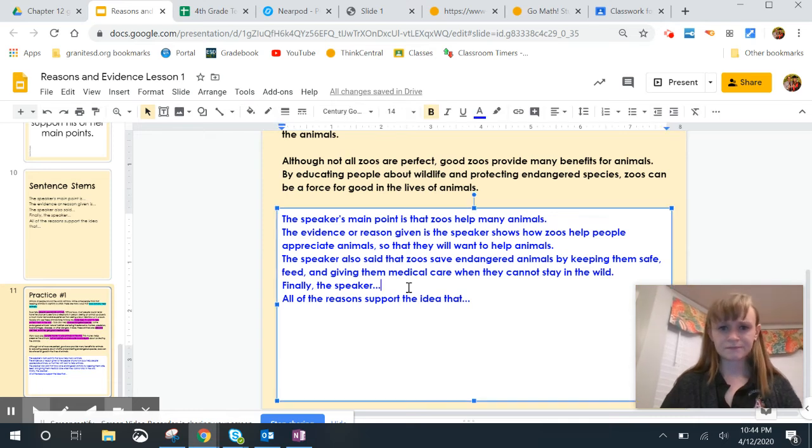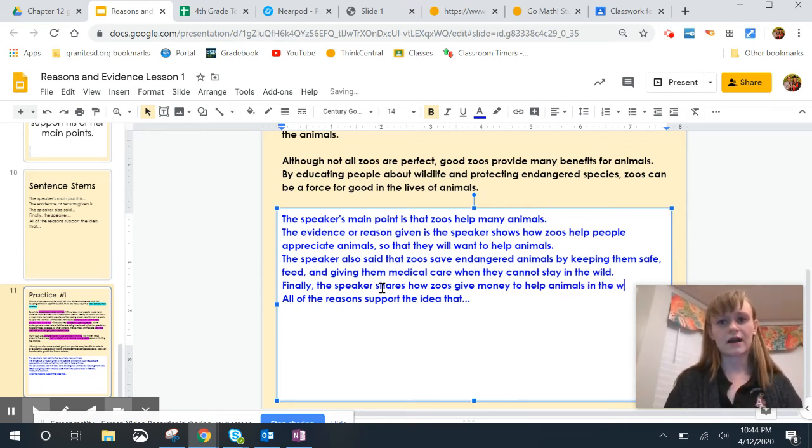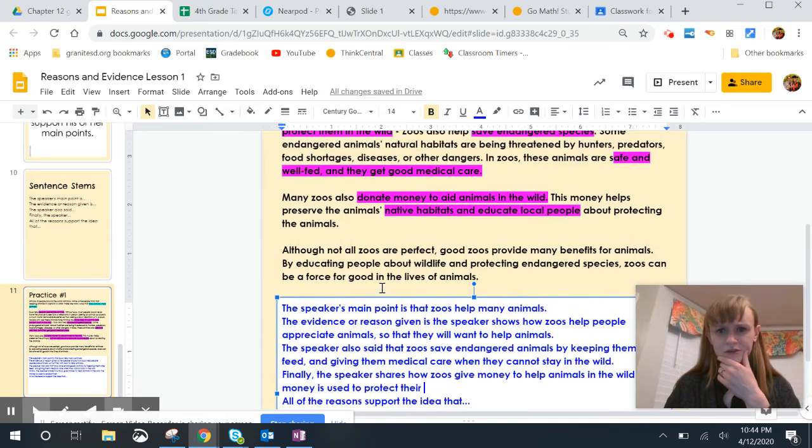So finally, the speaker shares how zoos give money to help animals in the wild. The money is used to protect their, what was the word they used? So let's go back.